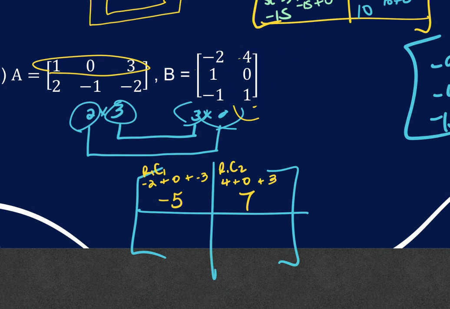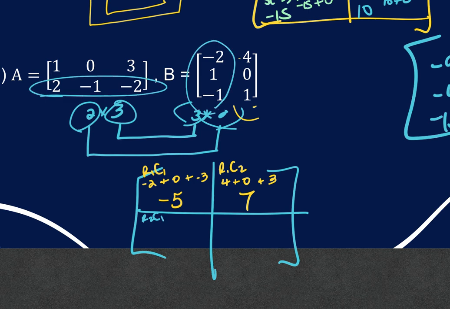And then I go to the next one, which would be row 2, column 1. I get 2 times negative 2, which is negative 4, negative 1 times 1, which is negative 1, negative 2 times negative 1, which is positive 2, negative 5 plus 2 is negative 3.